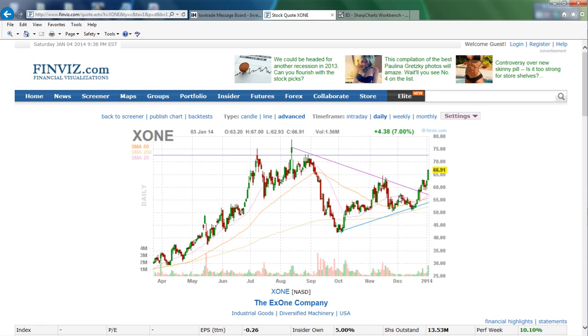For your small entry, for your large entry, where it breaks out at resistance, that's your second entry. But to calculate the target price, you go from the bottom to the top. Okay, so we'll say $48 to $58 is $10.